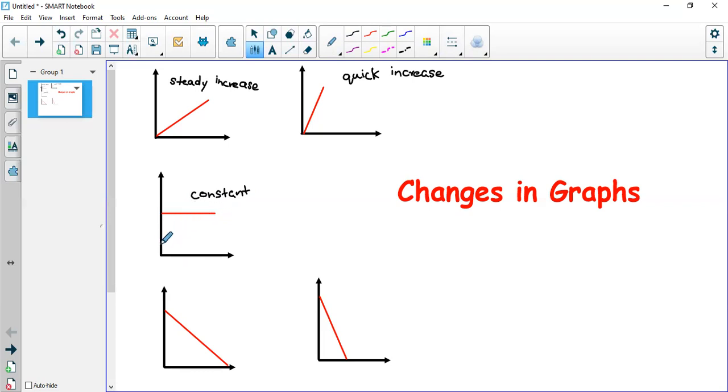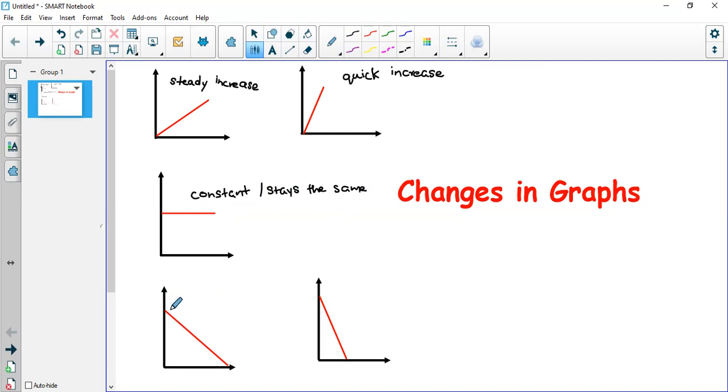That will be a flatter line. When we discuss the graphs, I'll show you in detail. But when there is a horizontal line, that means it's constant or it stays the same. So depending on the graph which you are analyzing, the words may change.